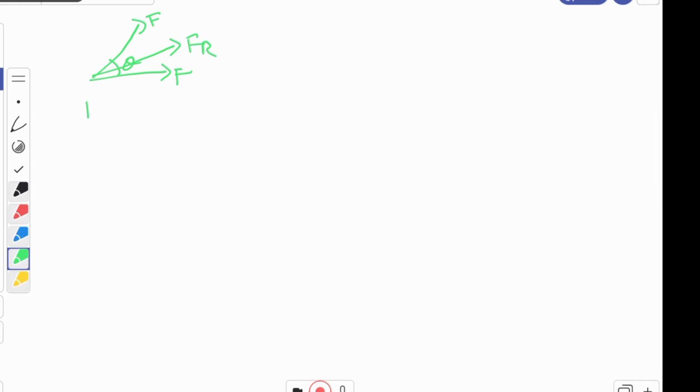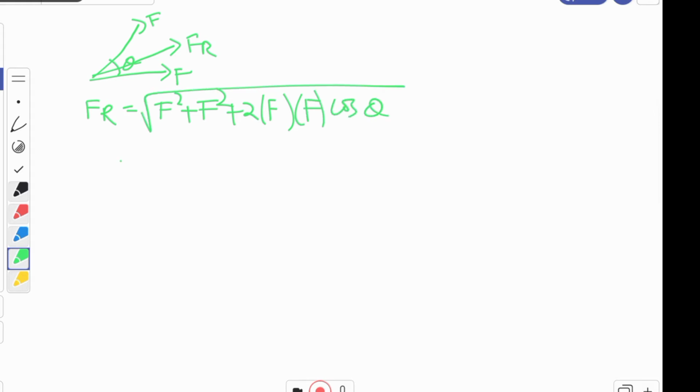So how to find out? As per the vector addition formula, Fr is equal to the square root of F square plus F square plus 2F into F cos theta. So this will be the square root of 2F square plus 2F square cos theta.